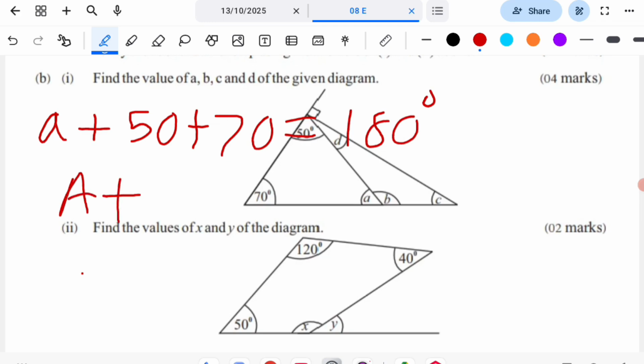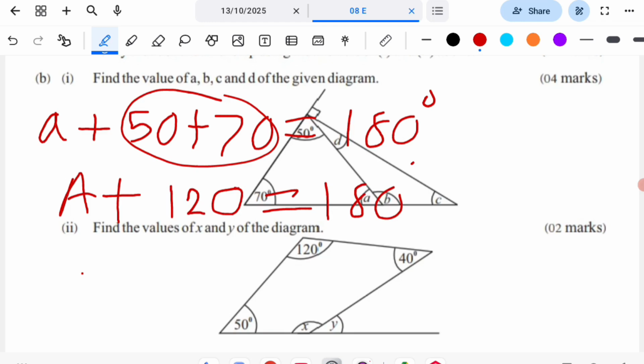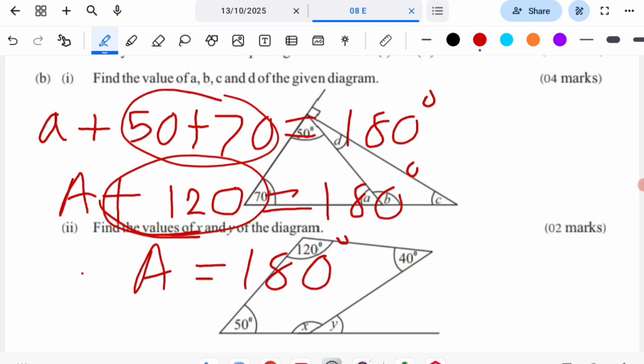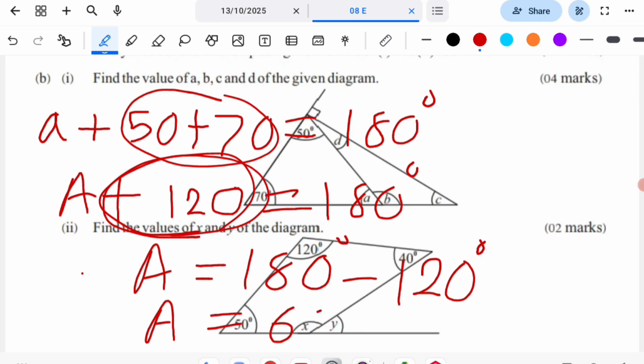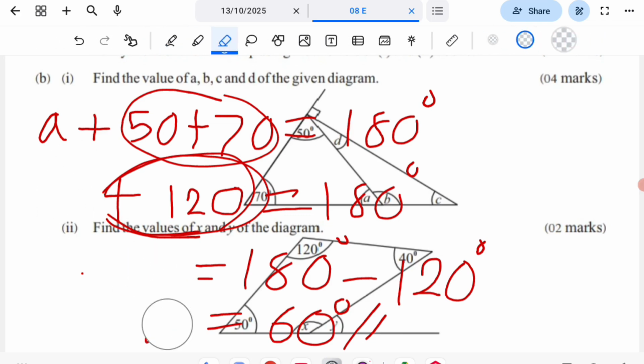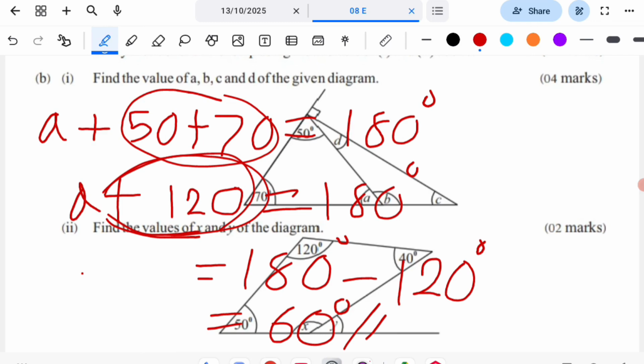Adding these two values, 50 plus 70 is 120, so a plus 120 equals 180 degrees. Then we bring 120 to the right hand side. When we bring 120 to the right hand side, we get it as a minus term because this one is a plus term: minus 120 degrees. Then we get the a value is 60 degrees. Not capital A, it should be simple a. Simple a value is 60 degrees.